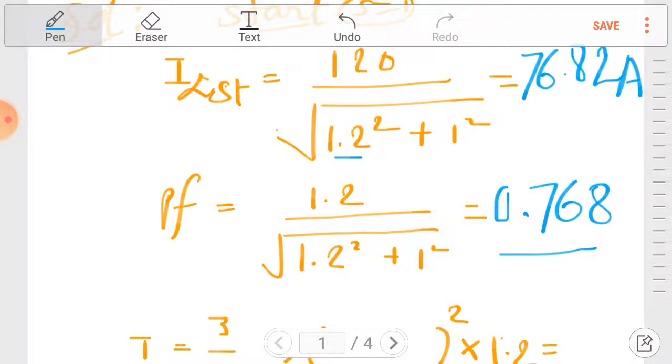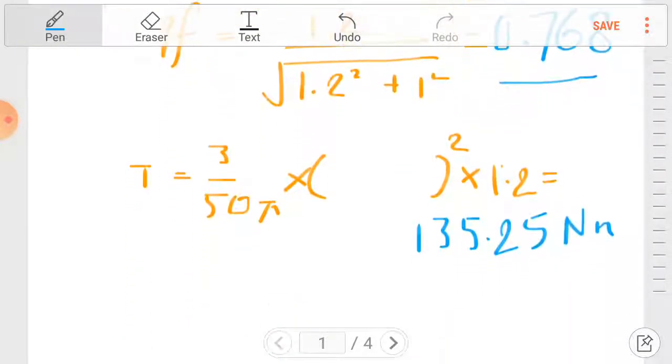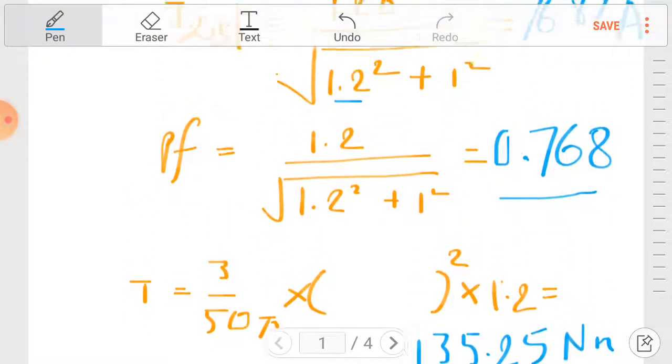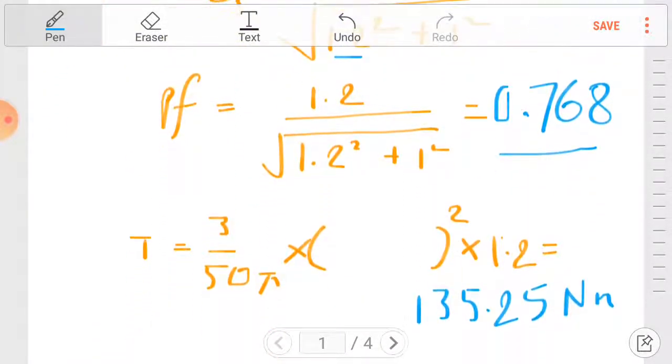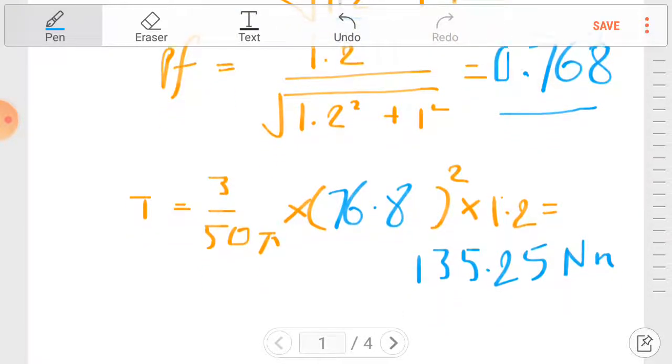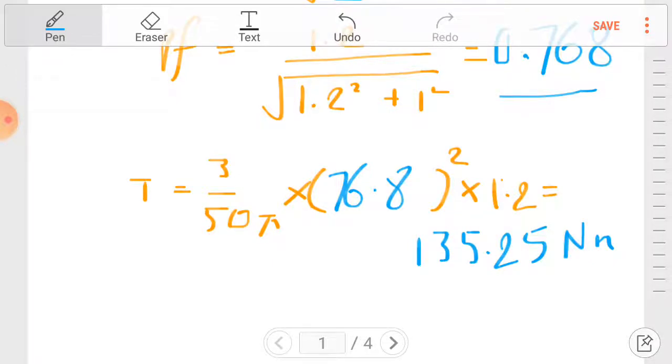At the starting, the previous power factor is 0.196, so here power factor is improved, and the torque is equal to 3 by 50 pi into 76.8 whole square into the resistance 1.2, so the torque is equal to 135.25. So torque is increased here.